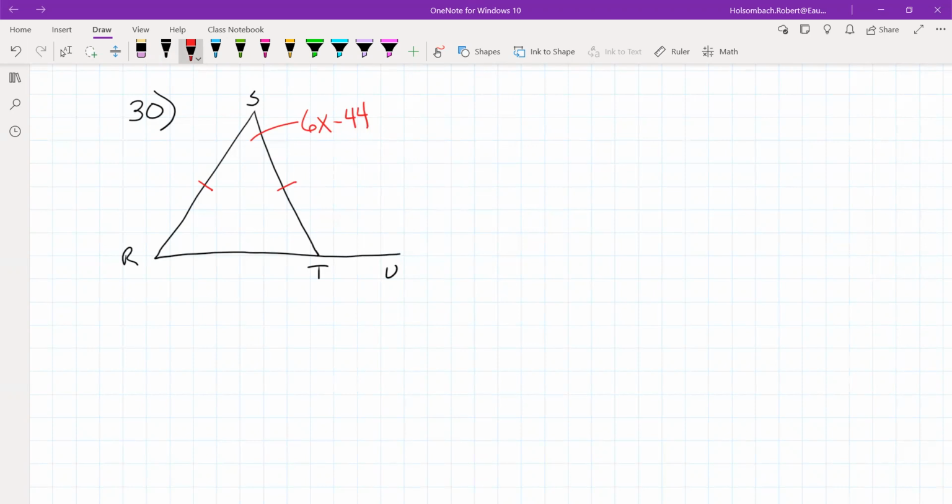Angle STU is 7x. So 7x right here. And you need to find the value of x.